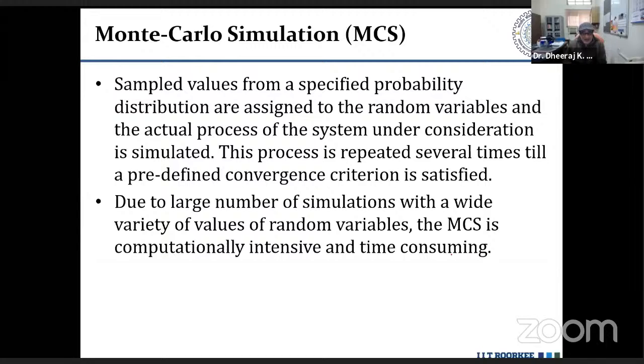So what we can do, we can first choose a suitable probability distribution for solar radiation variation. And then from that probability distribution, we can sample 12 values and assign them to our model. Our model will compute the corresponding power injection, and then we can compute the losses. This process we have to repeat several times till a predefined convergence criterion is satisfied.